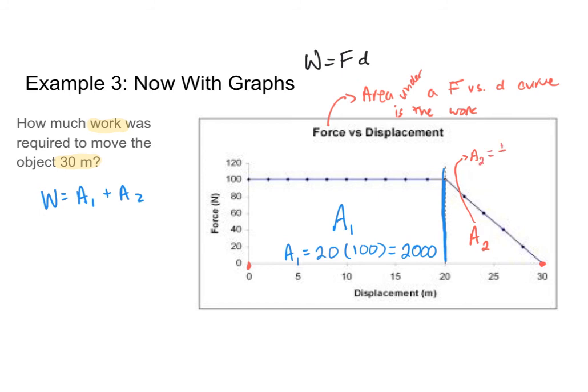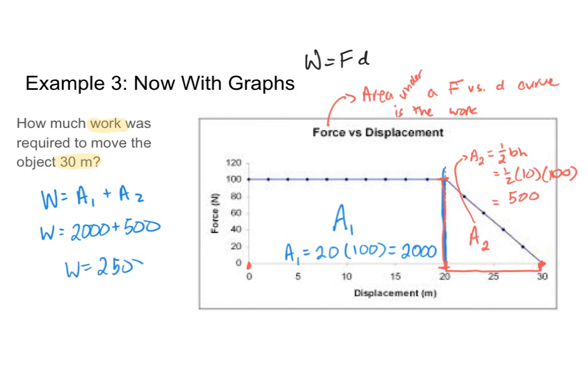So A2 is going to equal 1/2 times base times height, or 1/2 times my base, which is from 20 to 30, and therefore is equal to 10, times my height, which is this side here, so it's still going to be 100. Therefore, my second area is equal to 500. So my work done is equal to A1 plus A2, or 2,000 plus 500, or 2,500 joules.